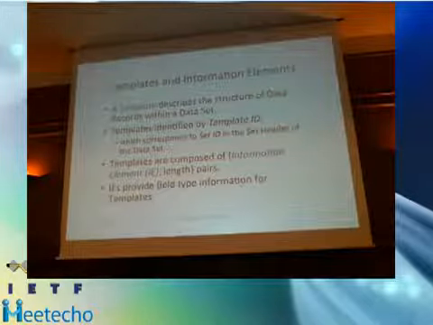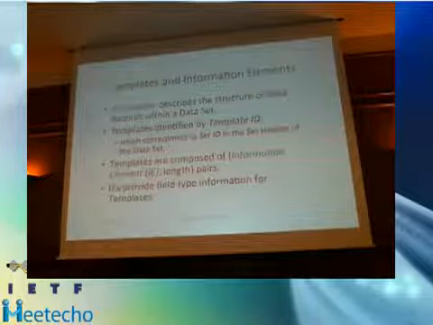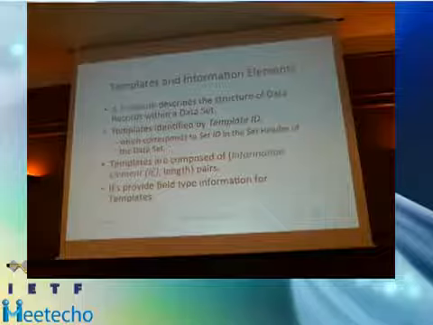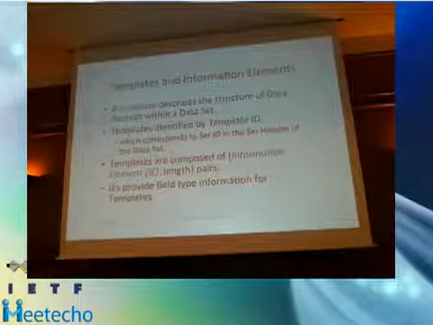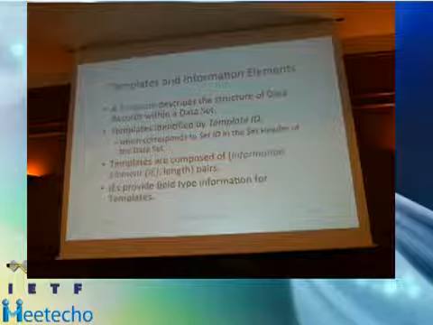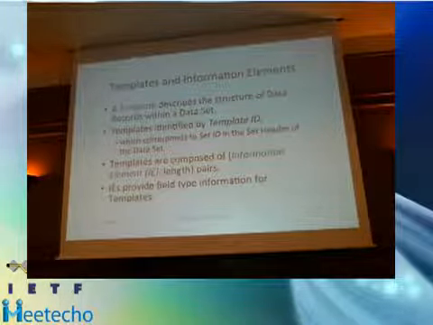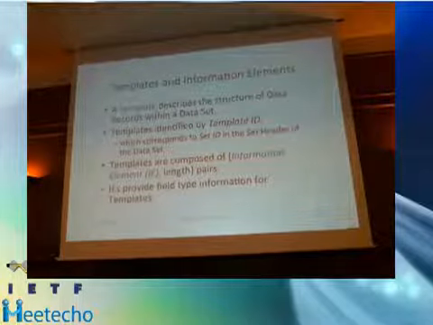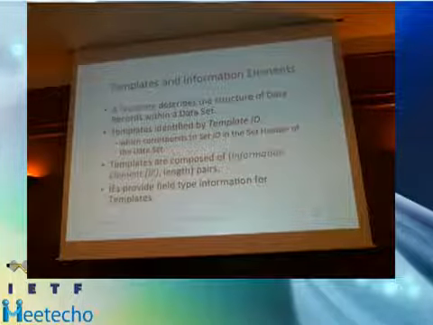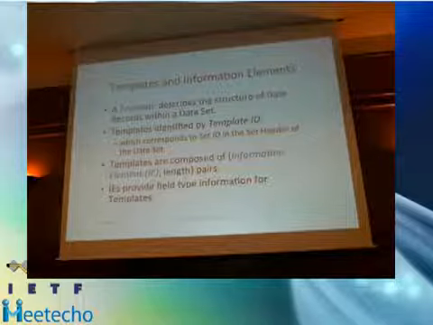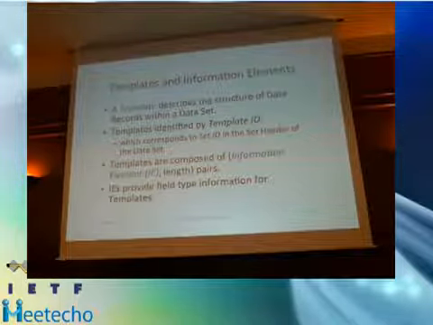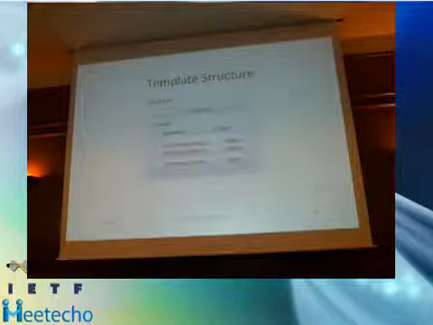And we have a picture of that later. A template itself is essentially just an ordered list of information element and length pairs. So here's an information element, it's this many bytes long, here's another information element, it's this many bytes long, and then each data record has values for each of these information elements in the same order in which they appear in the template. And these IDs are essentially field type information for templates.